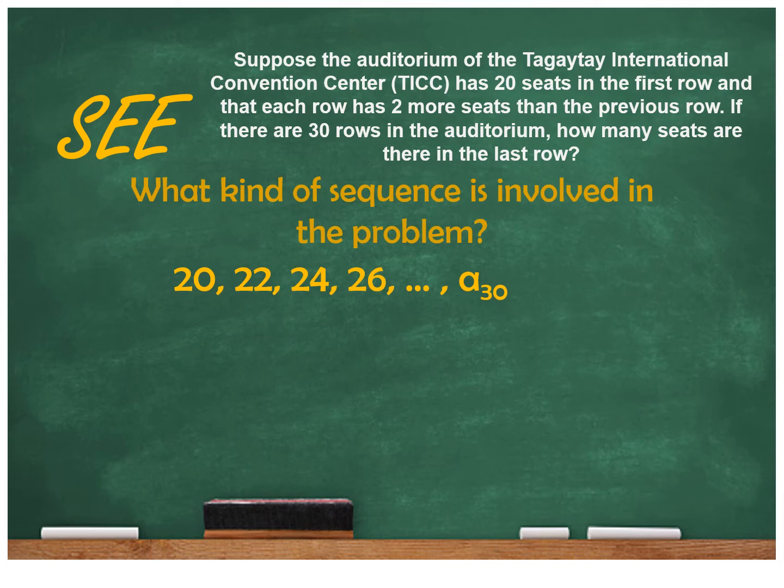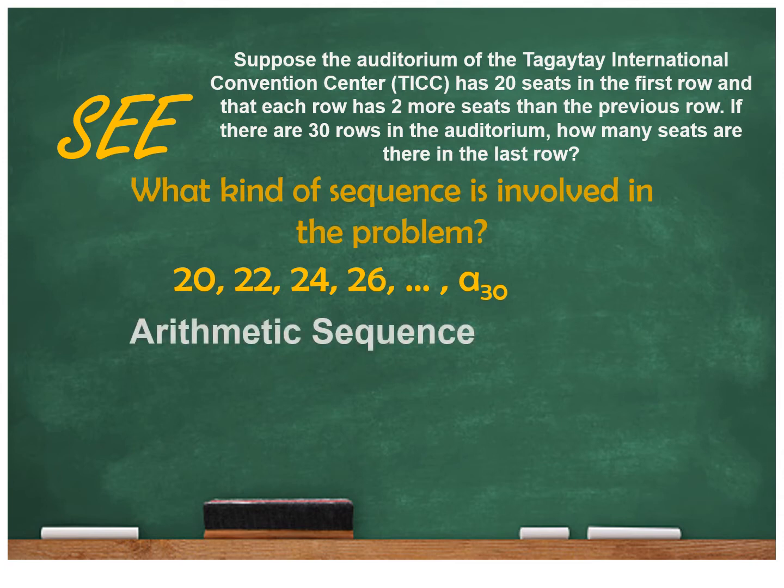If there are 30 rows in the auditorium, how many seats are there in the last row? So we are looking for the 30th row. That is an arithmetic sequence with a common difference of 2.